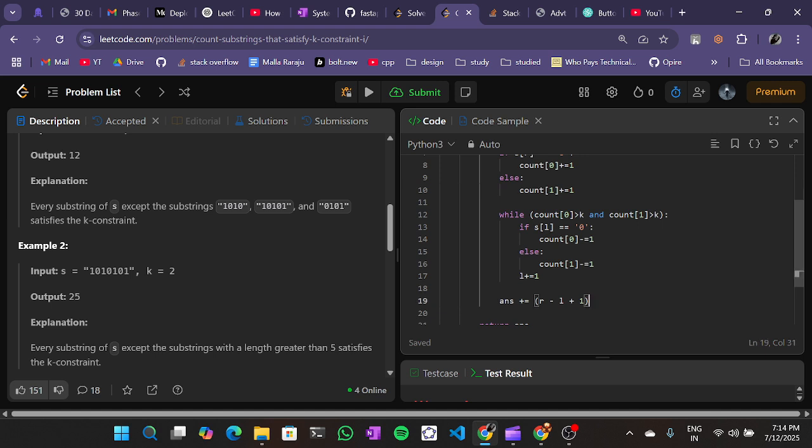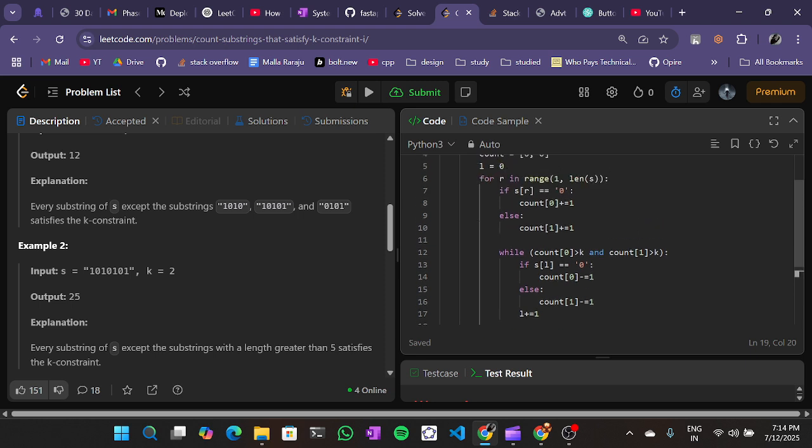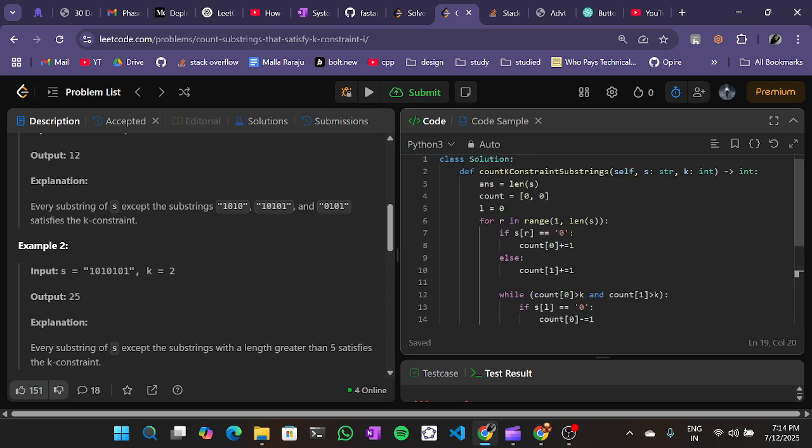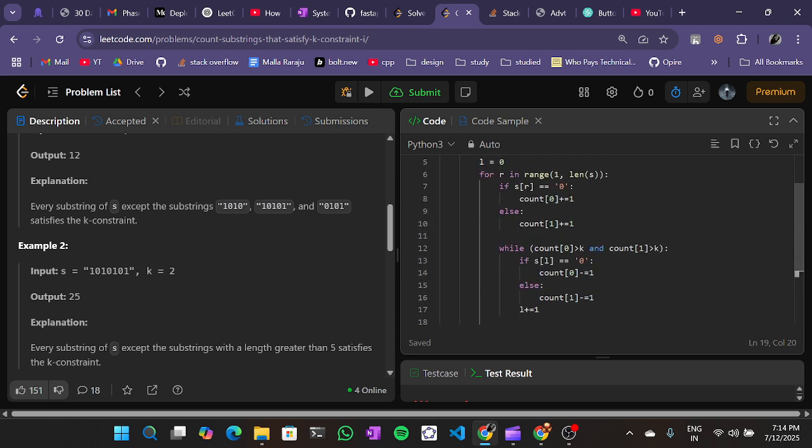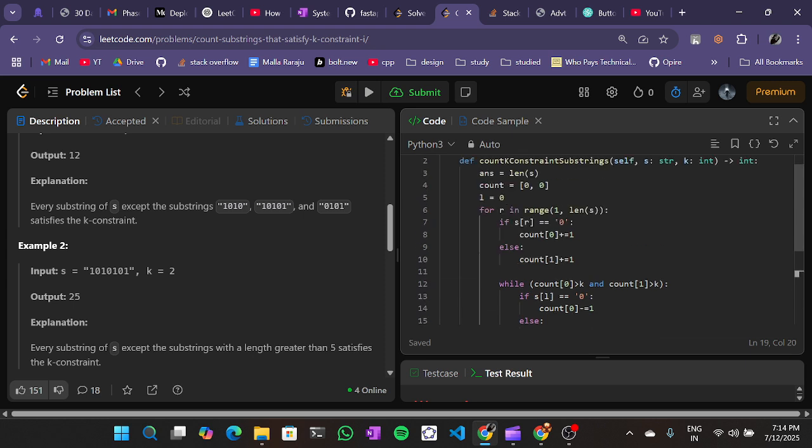Since it is 0-based index, it is given. Okay, let's keep it like this one.